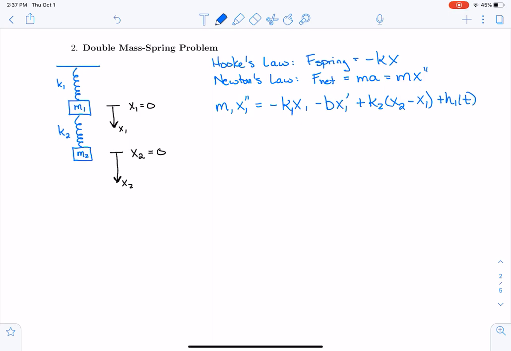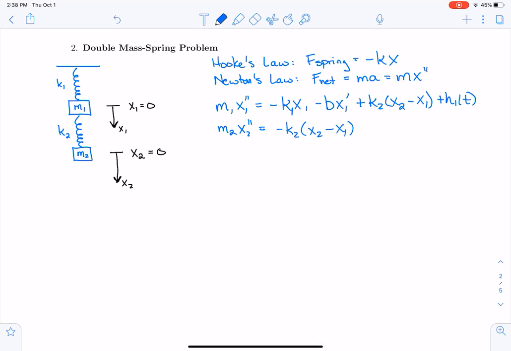Now the second mass is going to be similar, so m2 x2 double prime is going to be equal to the force coming from mass 1 onto mass 2, so that would be a minus k2 times the displacement, which is going to be x2 minus x1.